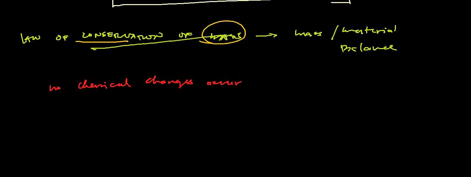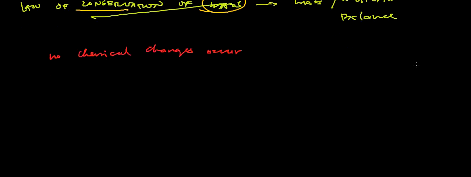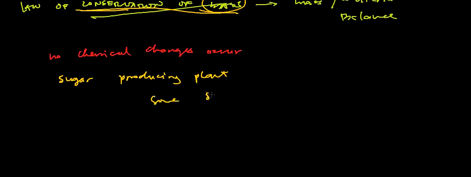For example, in a sugar producing plant, we do the mass and material balance, and somehow some sugar is being accumulated in the system, or say being burned.